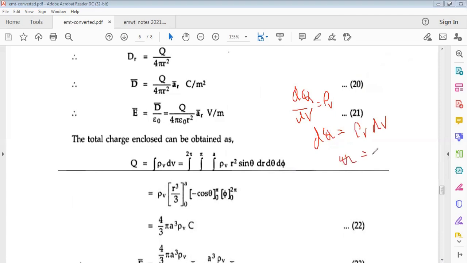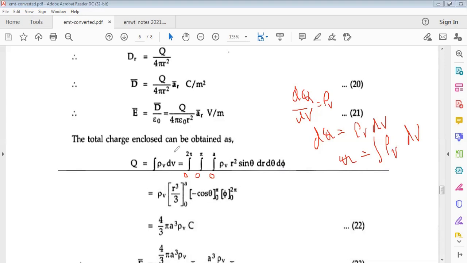The integral has the volume of a sphere in the spherical coordinate system: phi varies from 0 to 2 pi, theta varies from 0 to pi, and r varies from 0 to a, because it is a sphere of radius a.